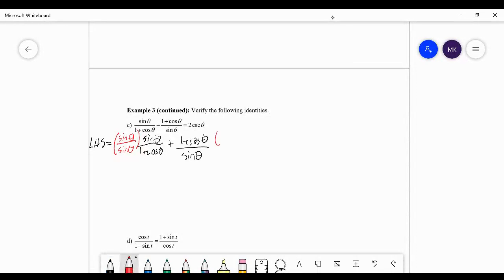And this time I'm going to multiply this guy by 1 plus cosine theta over 1 plus cosine theta. And what I end up with here is sine squared theta plus, now let's do a little side work here.